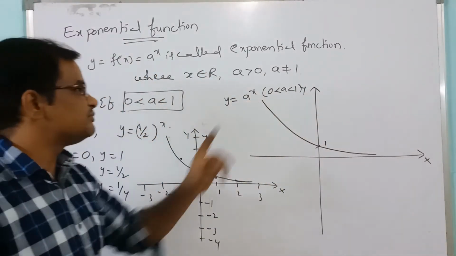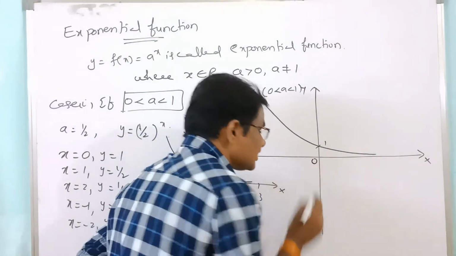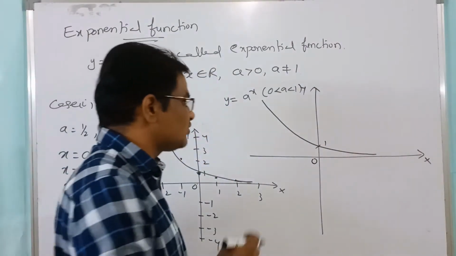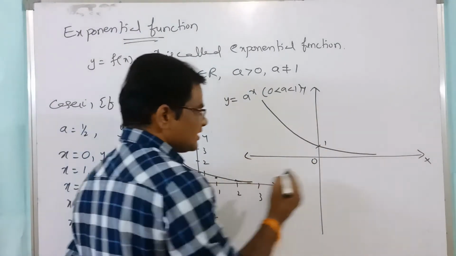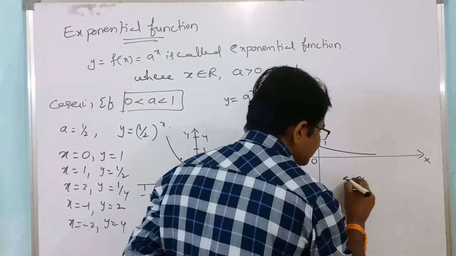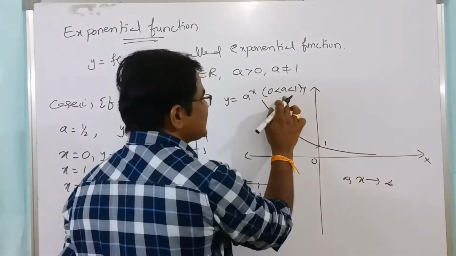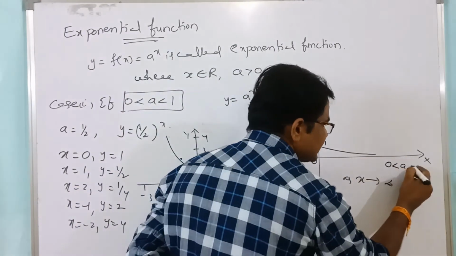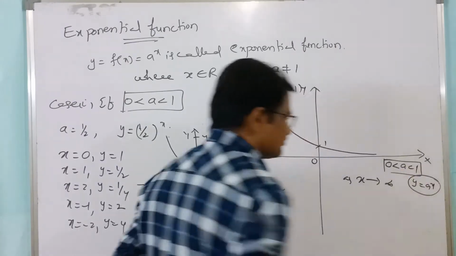But what are the conditions, means what information we have to learn from this graph, listen carefully. So as x approaches infinity, whenever 0 less than a less than 1, y equal to a power x, these are the conditions we are observing.